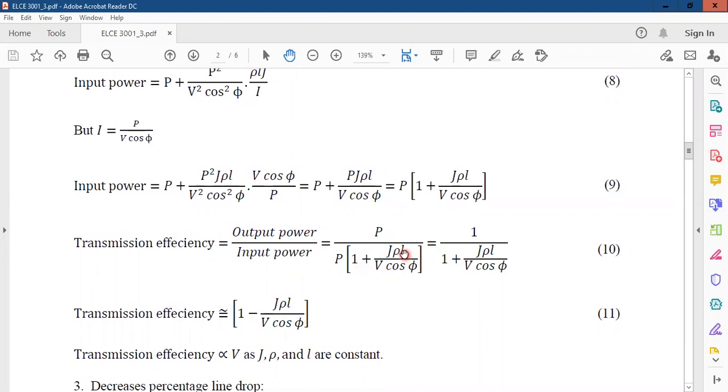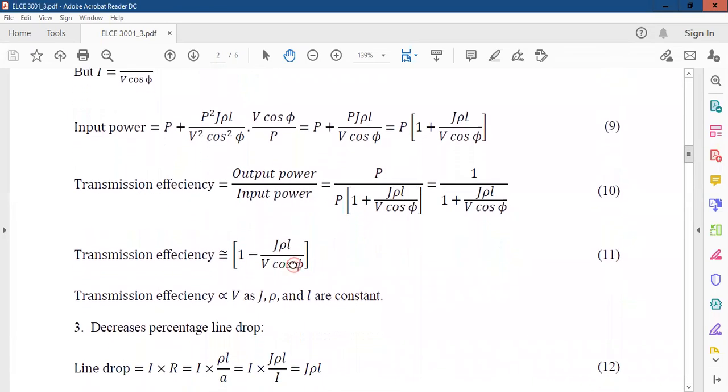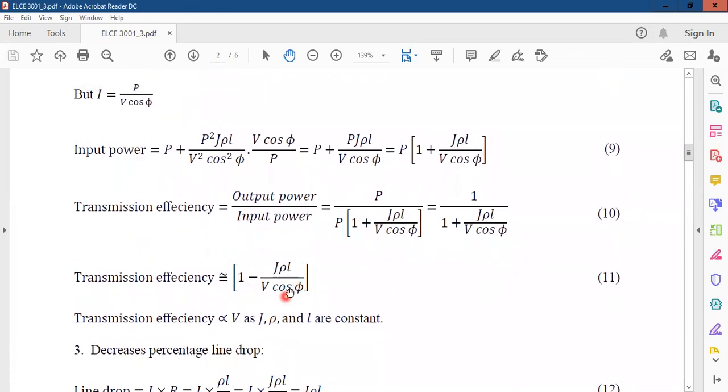Now, if you simplify this equation, we will get transmission efficiency approximately equals 1 minus J rho L over V cosine phi. So from this equation, if we increase V, it means we will reduce this value. If we reduce this value, it means 1 minus a smaller value equals the transmission efficiency.